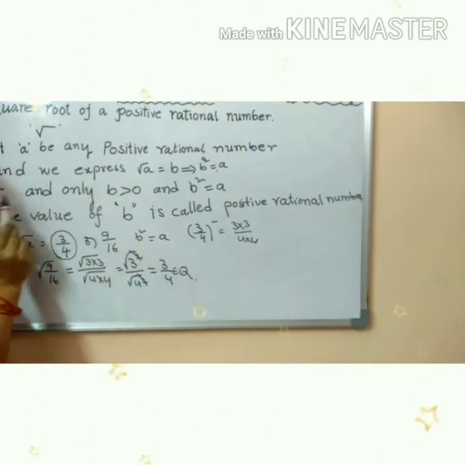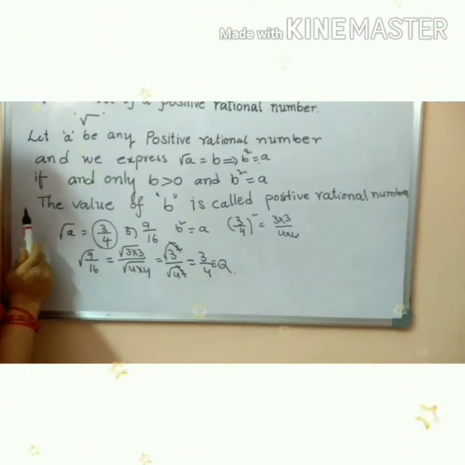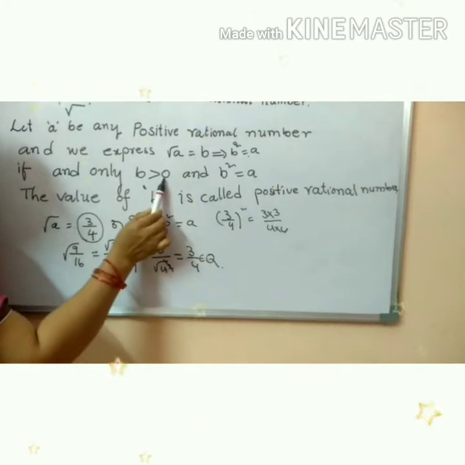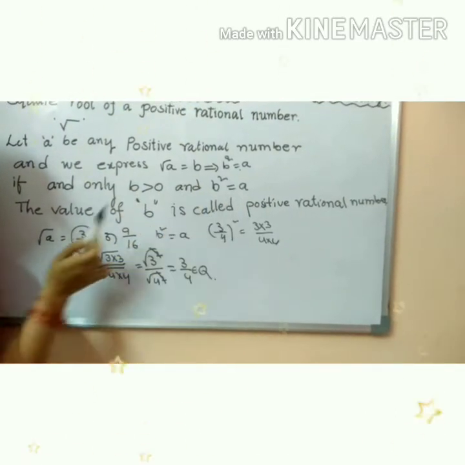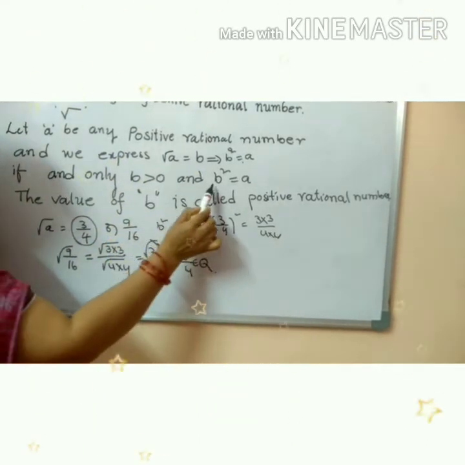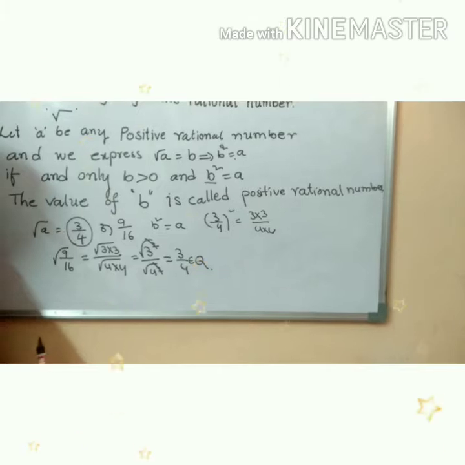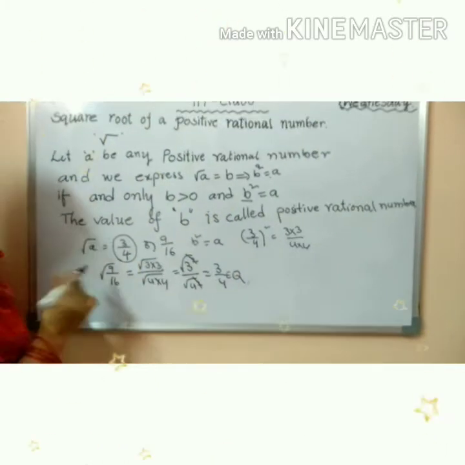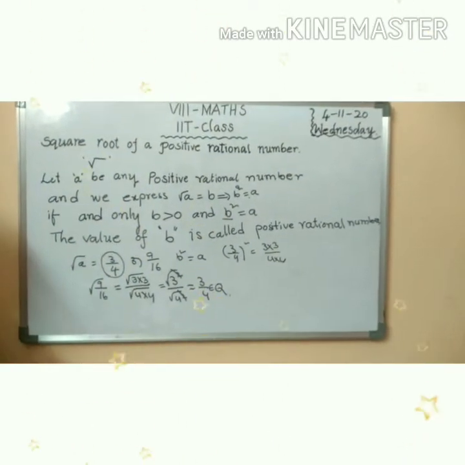If and only if B is greater than 0 and B square equals A, then B is called a positive rational number. Did you understand, children? This is the square root of a positive rational number.